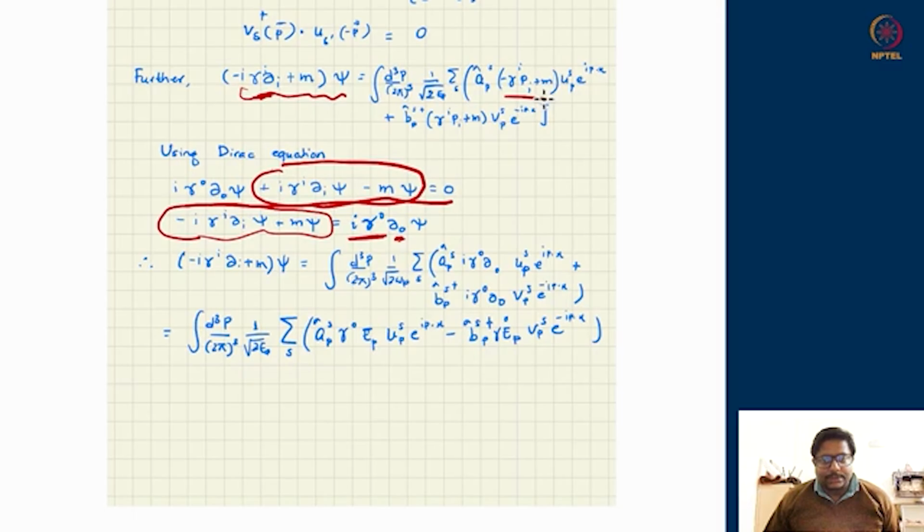So why not do that? Why take this operator with 3 derivatives and 3 matrix multiplications? Better 1 derivative and 1 matrix multiplication. So del 0 will hit only the exponential part because the temporal dependence is only there. Similarly in the second part also, the derivative will hit only the exponential part. This was a positive frequency term, so it will give me an E_p.